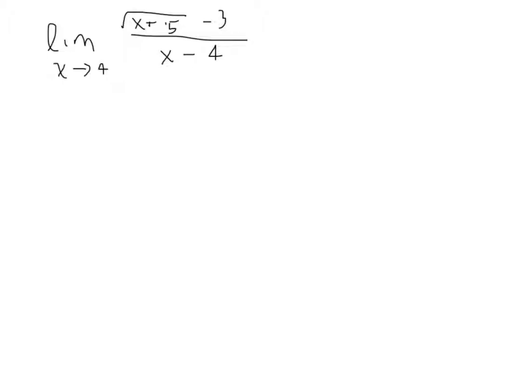So I have the limit as x approaches 4 of radical x plus 5 minus 3 over x minus 4. We need to rationalize this, and also we can't use direct substitution. We should always double check that, because when we plug 4 into the denominator, it doesn't work. We're going to have to multiply by radical x plus 5 plus 3 over radical x plus 5 plus 3.